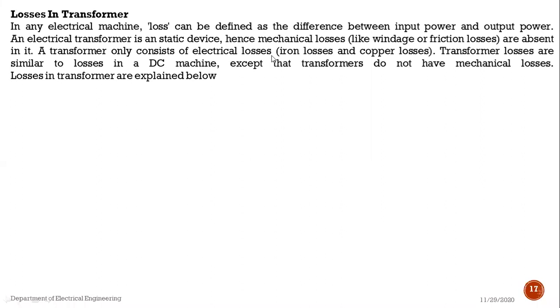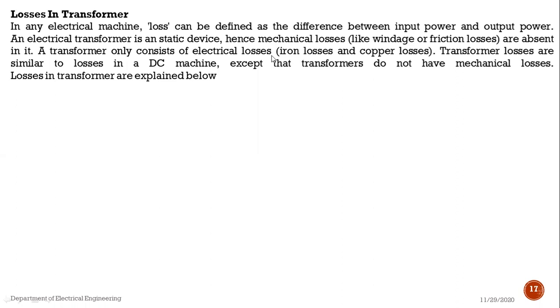Okay, so the transformer is a static device, so the mechanical or rotational losses are absent. The transformer will only consist of two types of losses, that is iron loss and copper loss. Iron loss is also called constant loss, and copper loss is nothing but variable loss. We have already discussed that copper loss depends upon current.